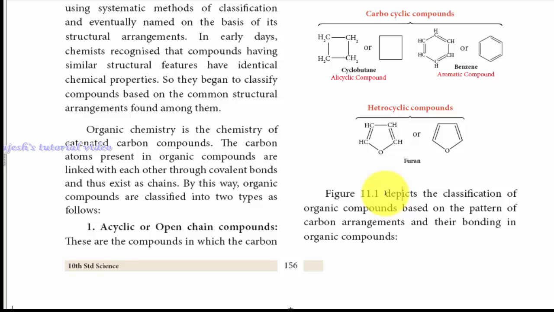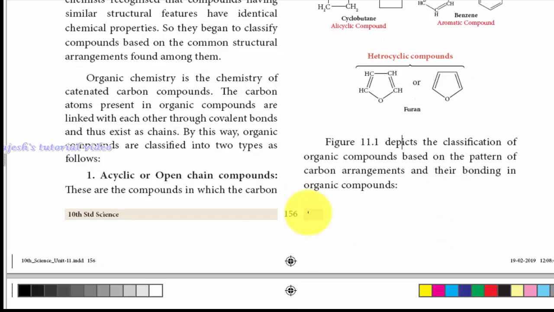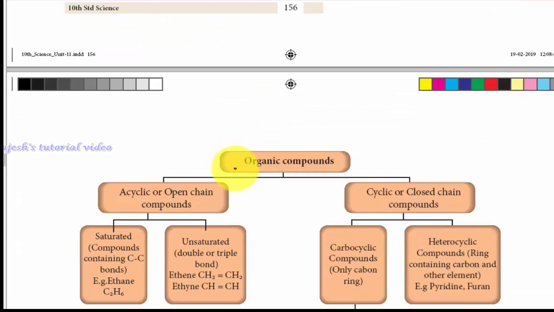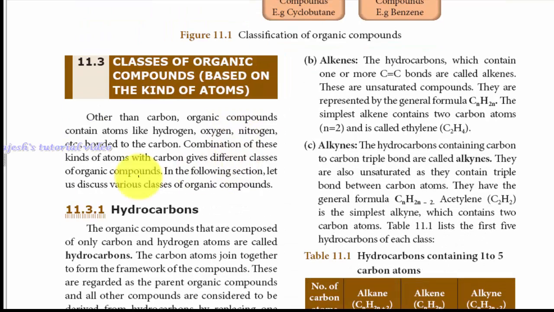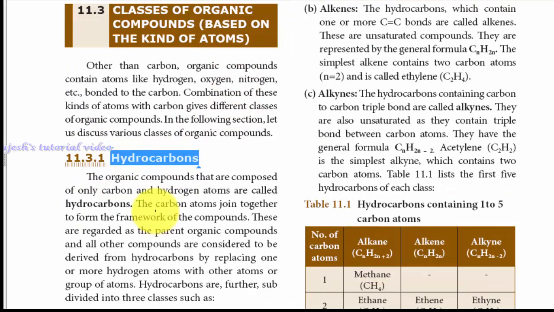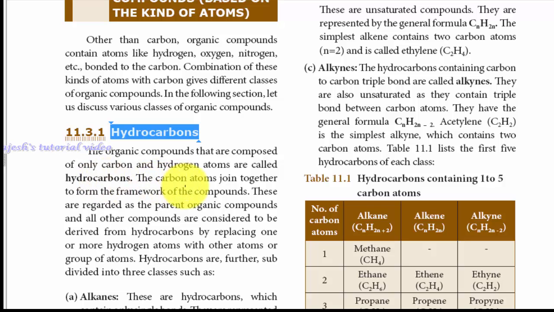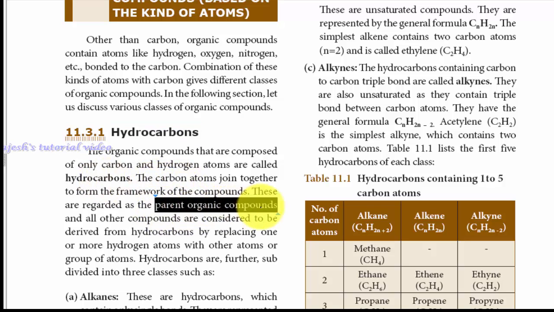Based on the different atoms which bond with carbon, we have different classes of organic compounds. Here we are going to see about hydrocarbons. As the name itself implies, compounds that have carbon and hydrogen alone are called hydrocarbons. Hydrocarbons are regarded as the parent organic compounds, and only from these hydrocarbons other organic compounds are derived.